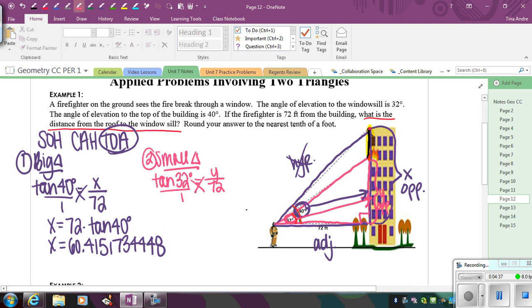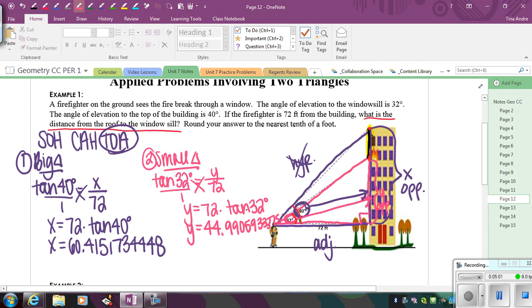Put that over 1, cross multiply, so we get Y equals 72 times tan of 32 degrees. Typing that into my calculator in degree mode, not rounding, I get 44.99059333375.